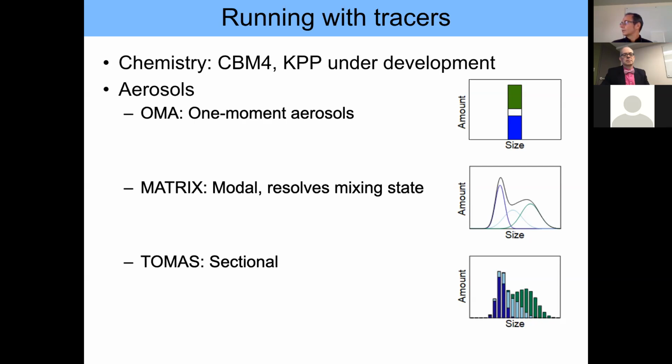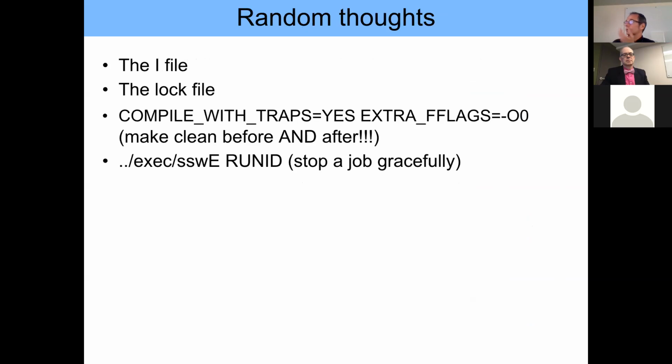Okay, so a few other things about the files that you can find. We said that when you start running the model, a directory is created somewhere where you have a lot of disk space, and then a soft link is created that points to that directory and stays in your DEX directory.